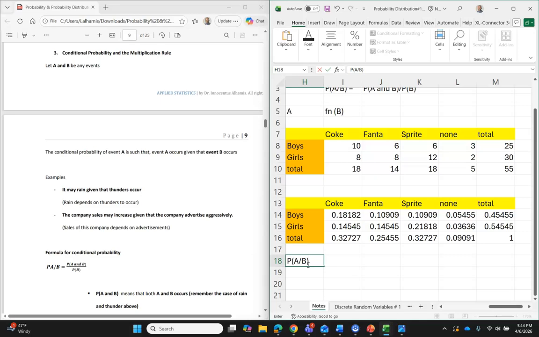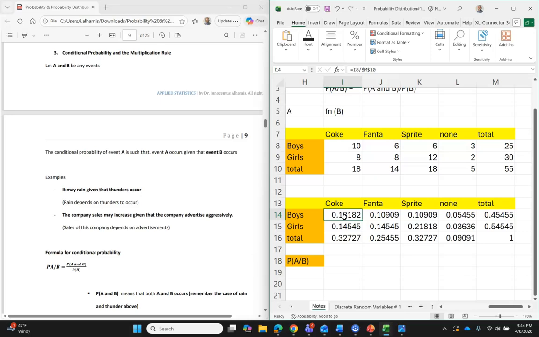So my question here is, what is the chance that if the boy walks in, or the boy would like to buy soda, that boy will buy soda if Coke is available? What is the probability, or what is the chance that the boy will buy soda given that Coke is available? So very quickly you can mention this one here, which is the joint probability, but that is not true.